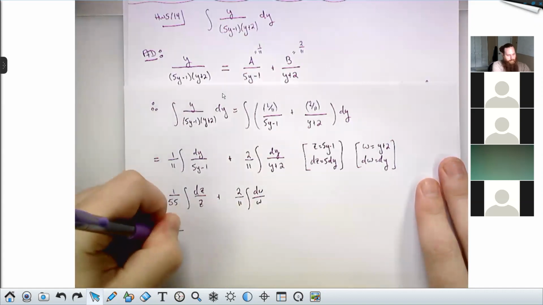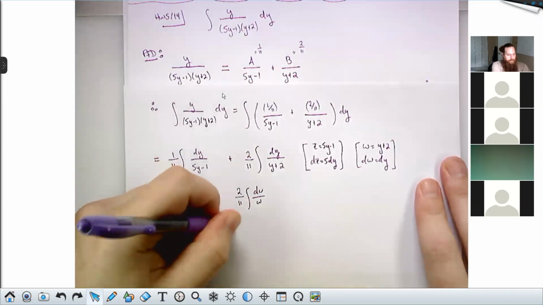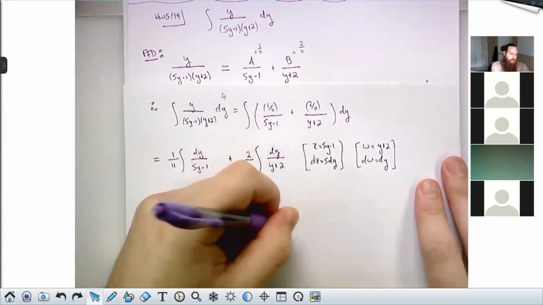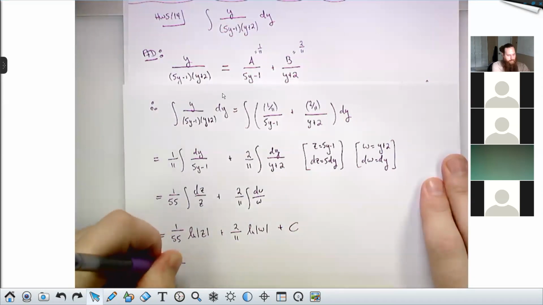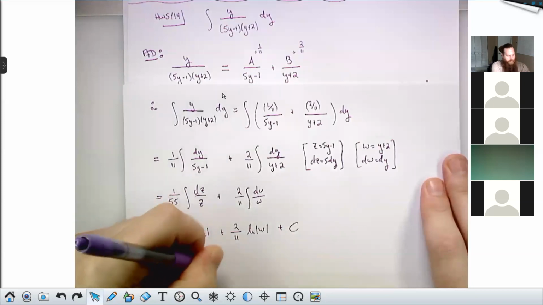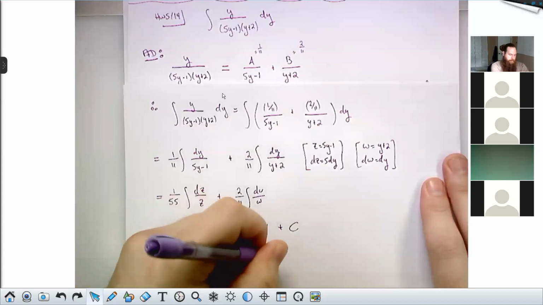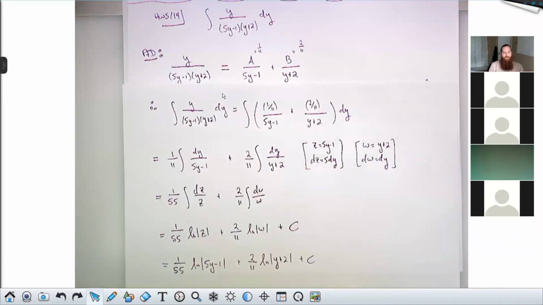In the first, I'll have the natural log of the absolute value of z, and in the second, the natural log of the absolute value of w, and at this stage I should write my plus c because I no longer have any integral symbols. Finally, we go back to the original variable. And we're done. Isn't that so much nicer?